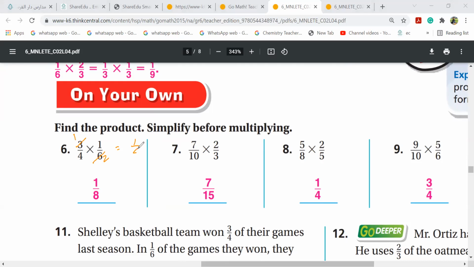You have 1 over 8 because you multiply the denominator and the numerator. 7 and 2 times 1 and 2 times 5. 7 and 15. 2 times 1 and 2 times 4. 5 ones and 5 ones. Five times 1 and 5 times 2.